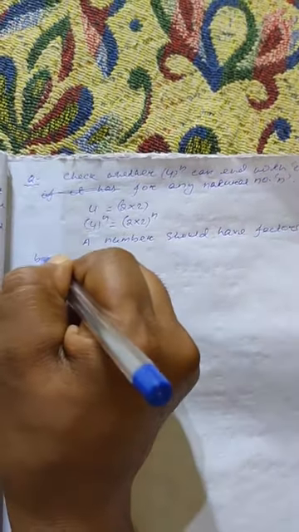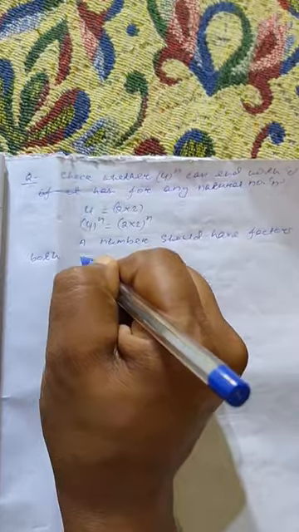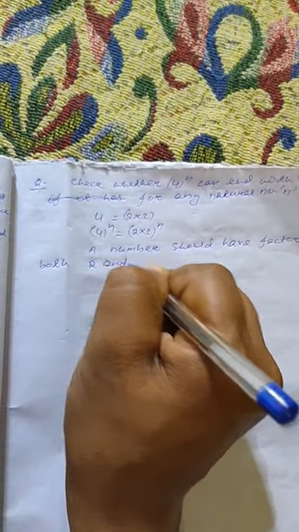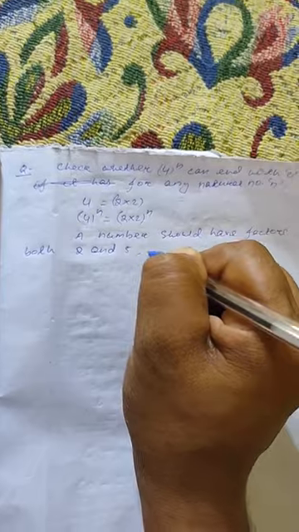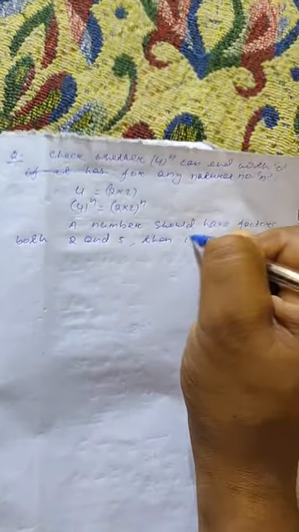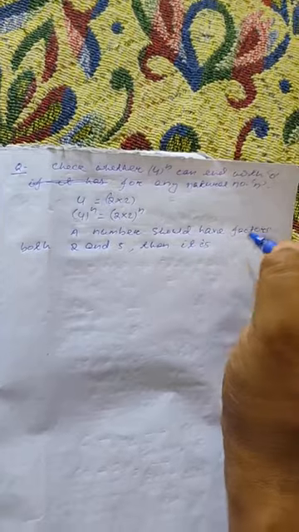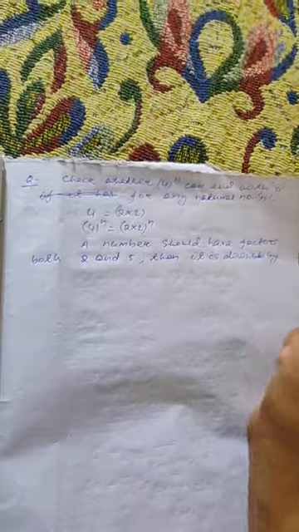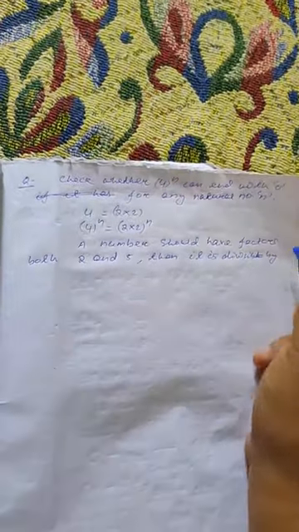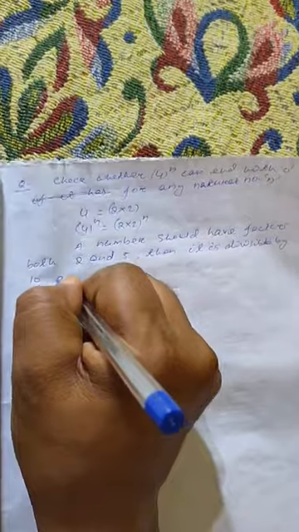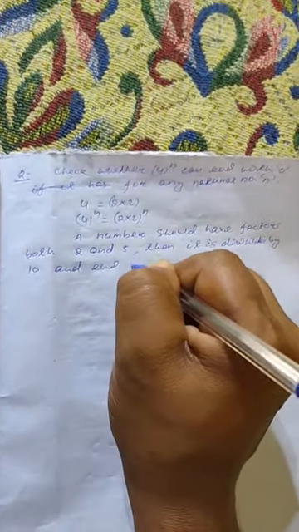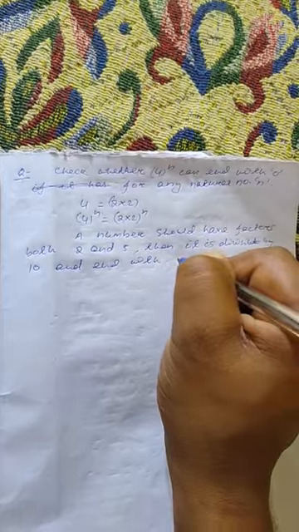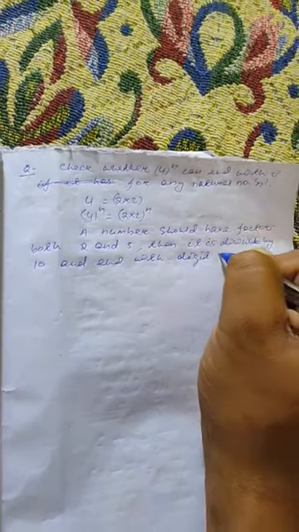So a number should have factors both 2 and 5, then it is divisible by 10 and ends with digit 0.